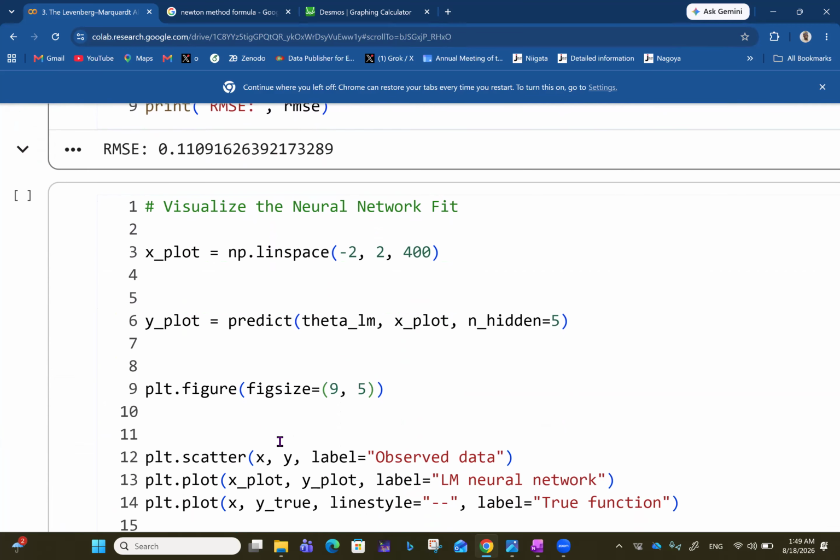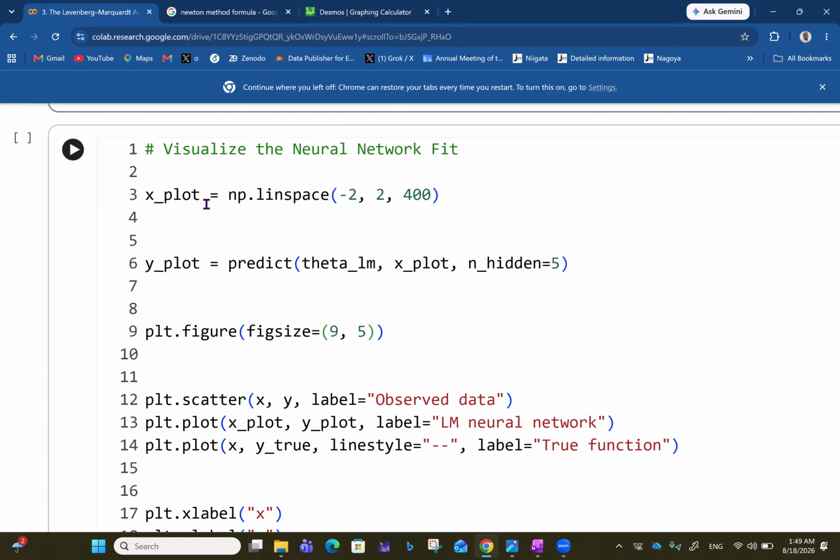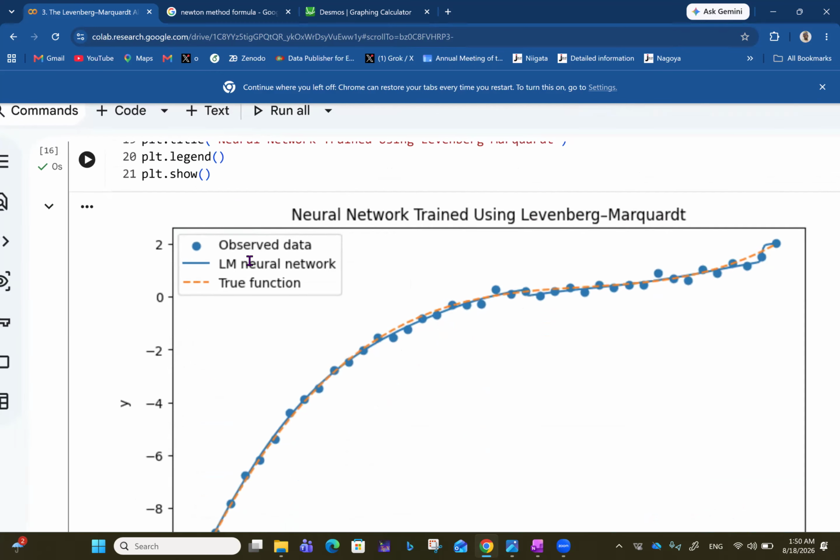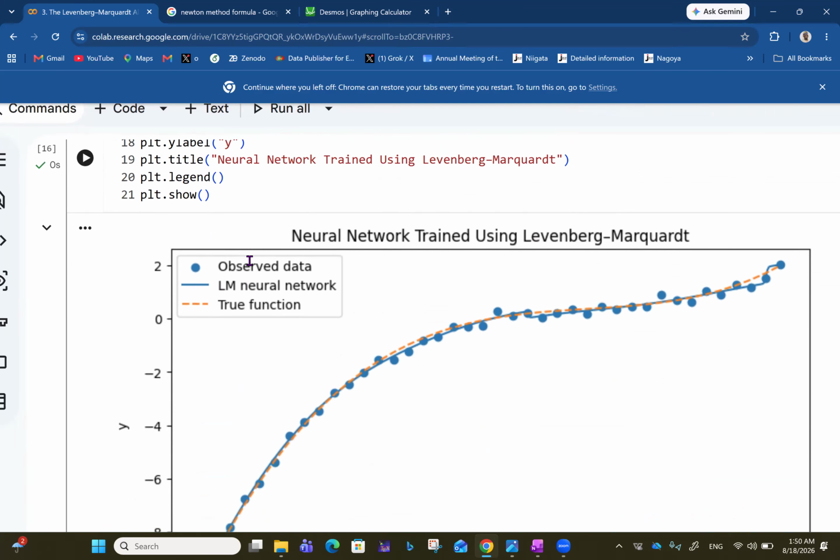Then you can visualize the neural network fit. So that's some plots in there. You plot from -2 to 2, which we started with, and the y plot for the predicted value. The observed data is all the dots, and then LM is the neural network, what we did with the Levenberg-Marquardt neural network.